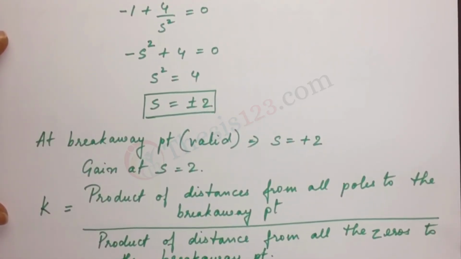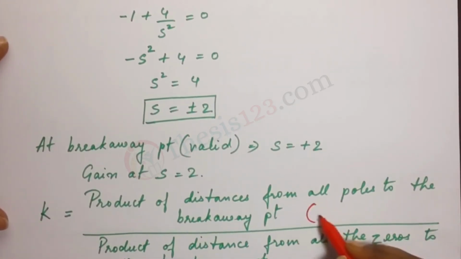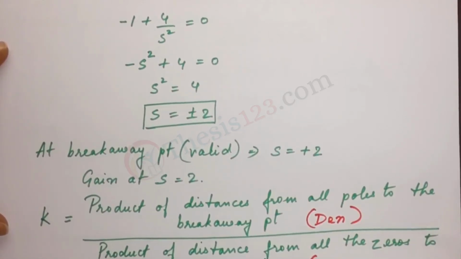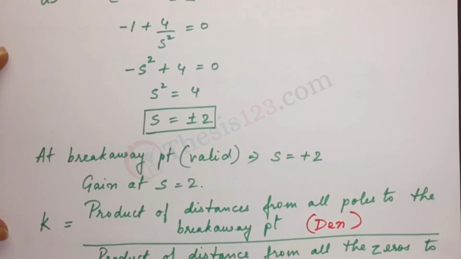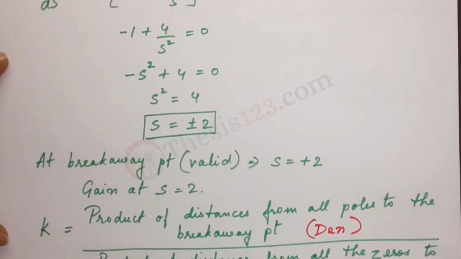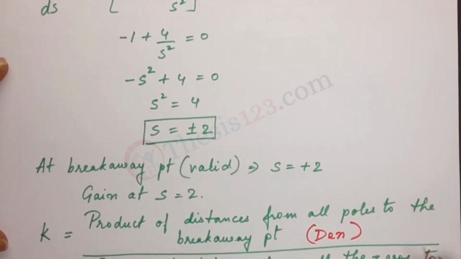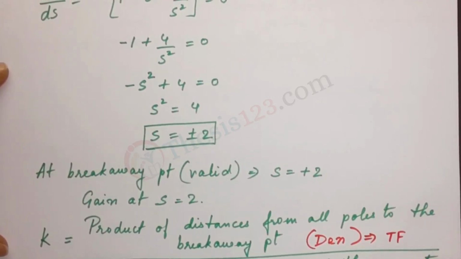Now, if you need a clue to remember this, the product of distances from all the zeros to the breakaway point corresponds to the numerator, and the denominator corresponds to the numerator and the denominator of the transfer function given to us.